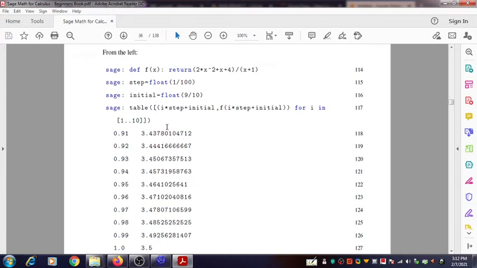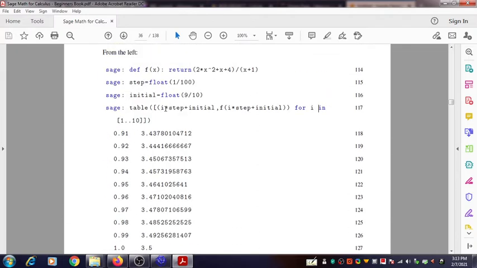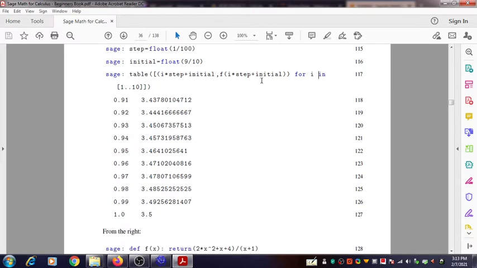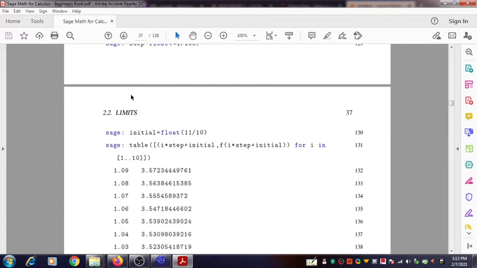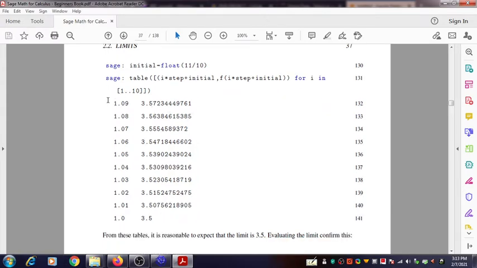In the first case, the initial value is 9 by 10, sorry, 0.9, but in the second case it's 1.1. I mean the initial value is taken above the point x equal to 1 in this case, and in the first case we are taking it just below the point x equal to 1. After that, the fourth statement is the same in both cases. And when we implement these 4 steps in Sagemath system, you can get this table.